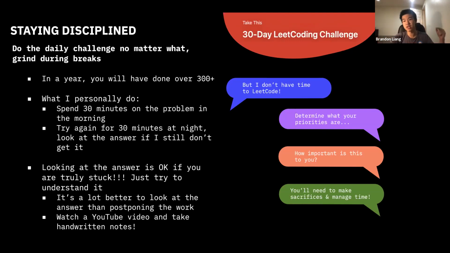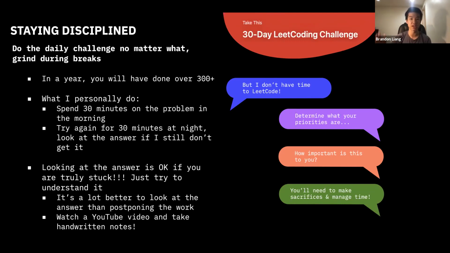Now, when you look at the answer though, it should be your goal to understand the answer. And like I mentioned while browsing the LeetCode website, on Discuss, chances are people will get stuck on the same part of the solution code that you are. So if something doesn't make sense in the solution code, it probably won't make sense for somebody else.